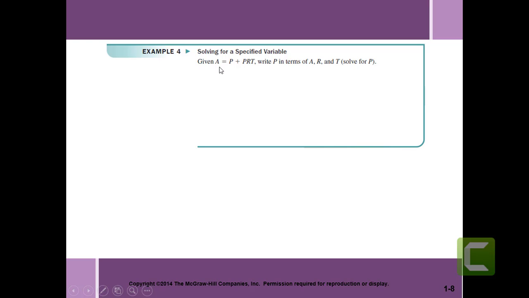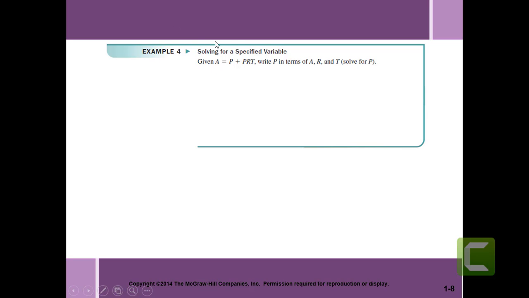It says given A is equal to P, which is principal, plus this is the interest. So principal plus interest. And this is the formula for interest. So that's neither here nor there, but it's incidental. It doesn't matter what the formula is, and it doesn't matter whether you know what the formula represents. It just matters whether you can solve for a particular variable.